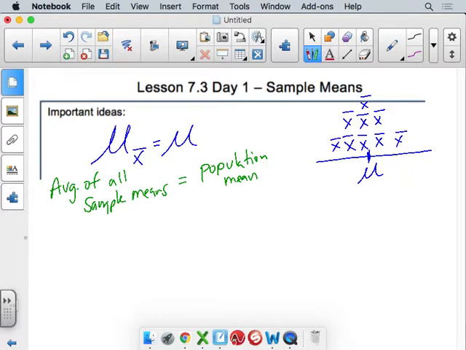Okay, and then the standard deviation of the sample means. So how far do we typically vary on the sample means? The formula sheet says take the population standard deviation and divide by the square root of n.